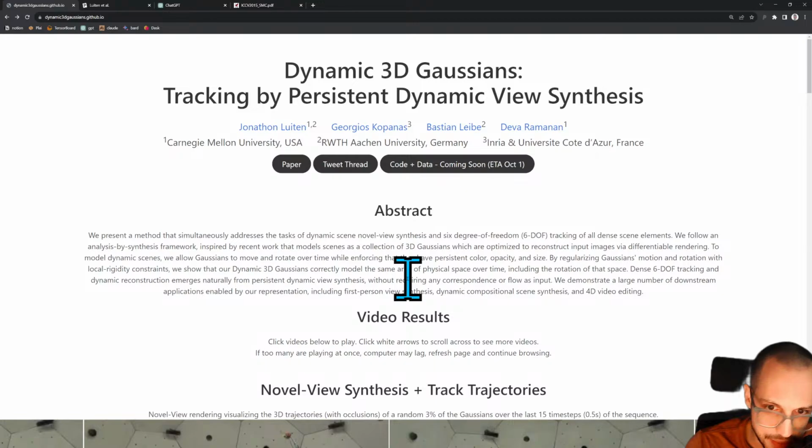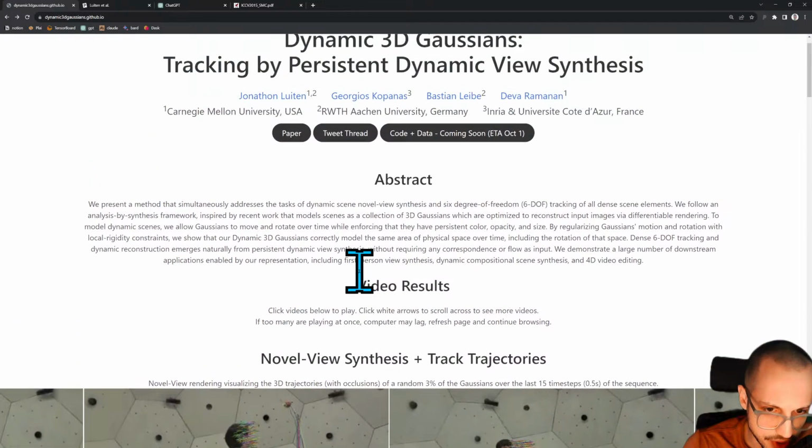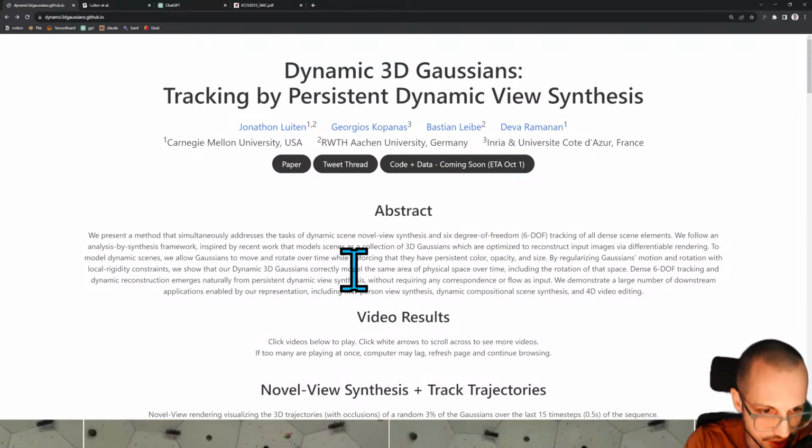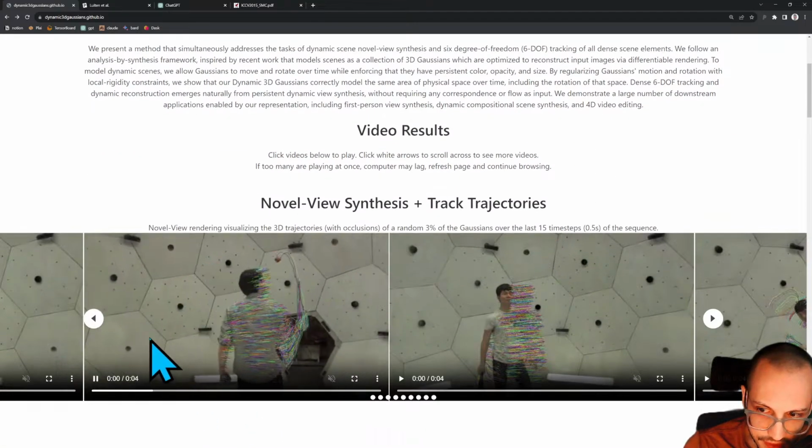And what's interesting about this paper is that whereas most NeRFs and the 3D Gaussian paper that we read before are static, which means that it's basically a frozen static scene, these include the dimension of time. So here we have some videos.